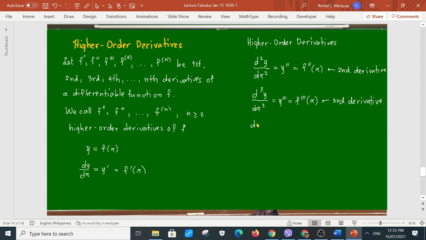And if I write this, fourth derivative. If it's the fourth derivative, we normally write like this: f with 4 on top. So, it means fourth derivative. And so on.